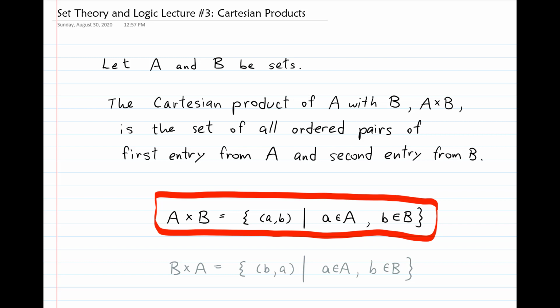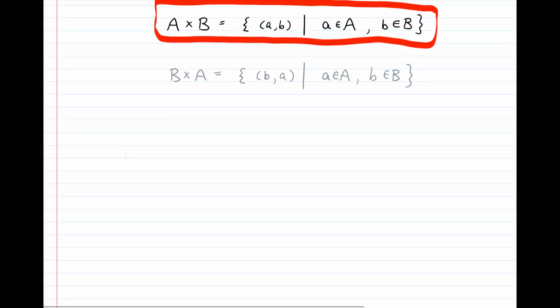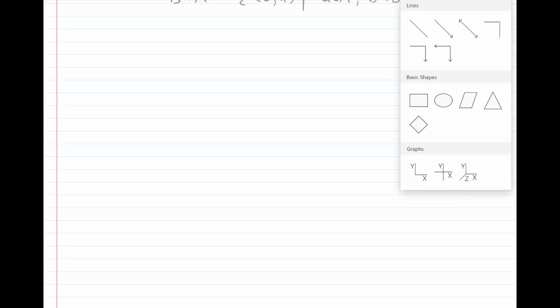Now, you can certainly have a cross product of a set with itself. I say cross product, did you hear that? That's just normal for me, but I'll try to use the word Cartesian product. You can certainly do the Cartesian product of a set with itself. In fact, you guys are used to that. When you graph things, let's draw an x and y axis here.